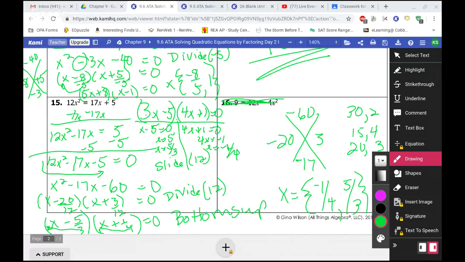Any questions about today's work? On Thursday's homework, are we doing a packet like this? No, it'll be more of the standard. It's not going to be 2 sheets of paper, but typically we have anywhere from 16 to 22 problems.